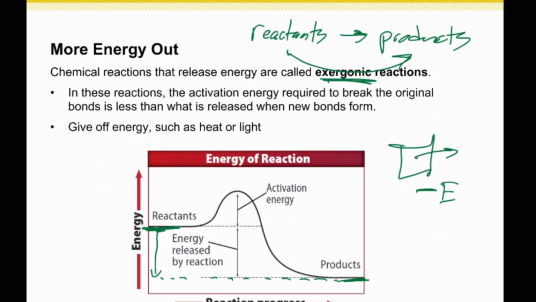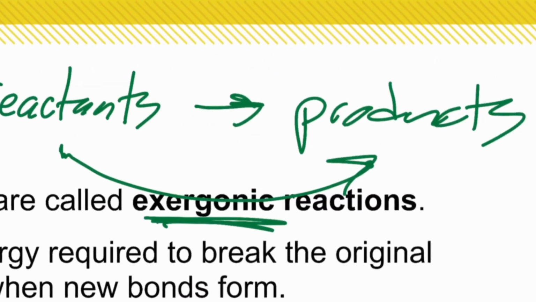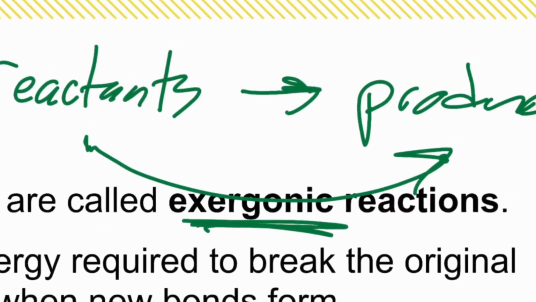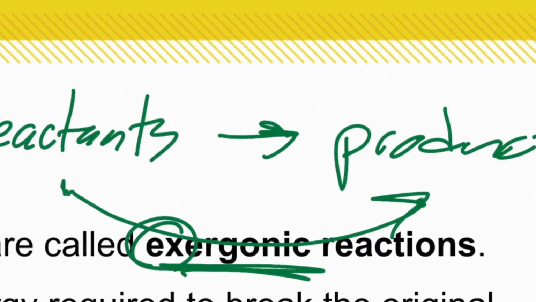And so the way you could remember this is, for exergonic reactions, we have the prefix ex right here. And so you can kind of think of that as to exit. So exit is a good way to remember that.